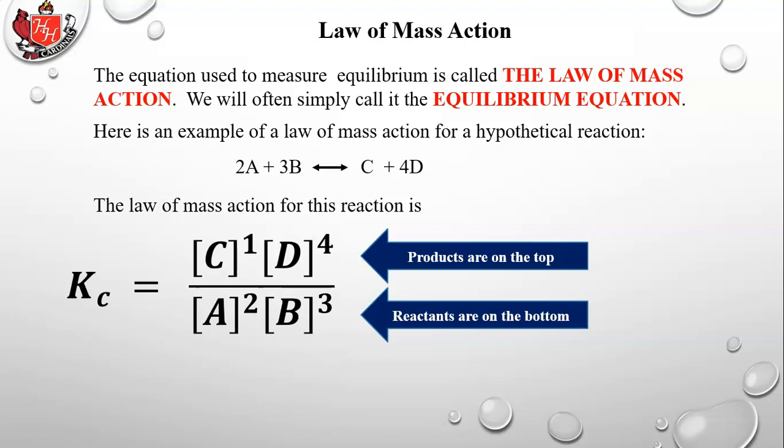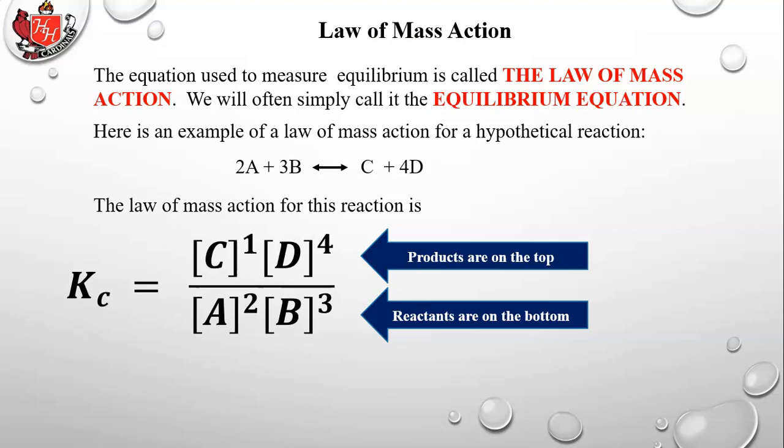If the reaction moves from entirely reactants over to entirely products, you'll have a number up on the top that's big and a number on the bottom that's very, very, very small because there's almost no A or B left. That means the equilibrium constant will be very, very large. So if the reaction moves strongly from left to right, the number for Kc will be very large.